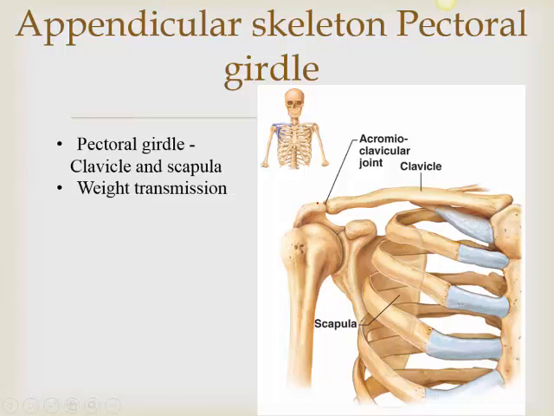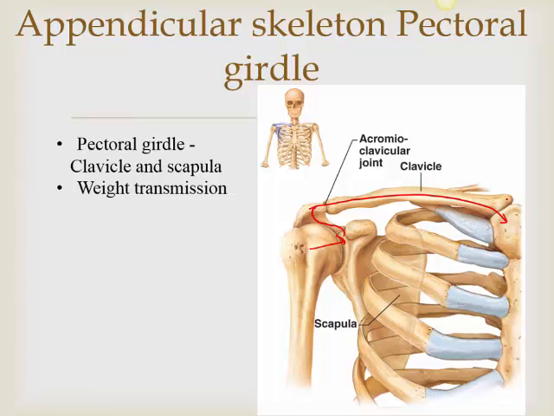The only way it can go is through the clavicle, because the clavicle articulates medially with the sternum and laterally with the scapula. So the weight from the humerus goes into the scapula, through this process it goes into the clavicle, through the clavicle it gets into the sternum, and that's how it comes to the axial skeleton.